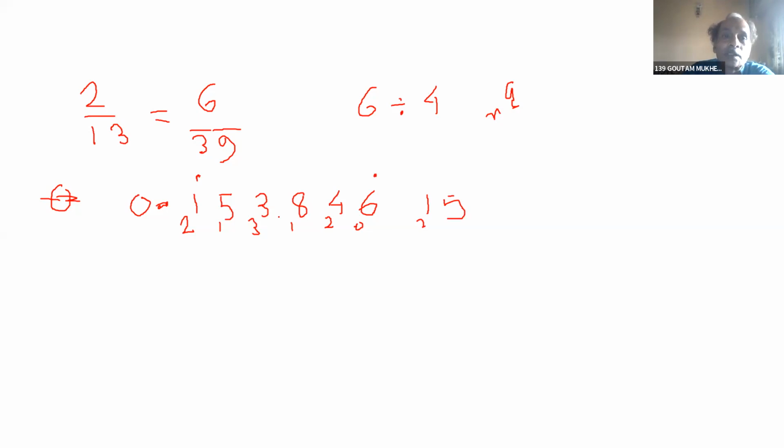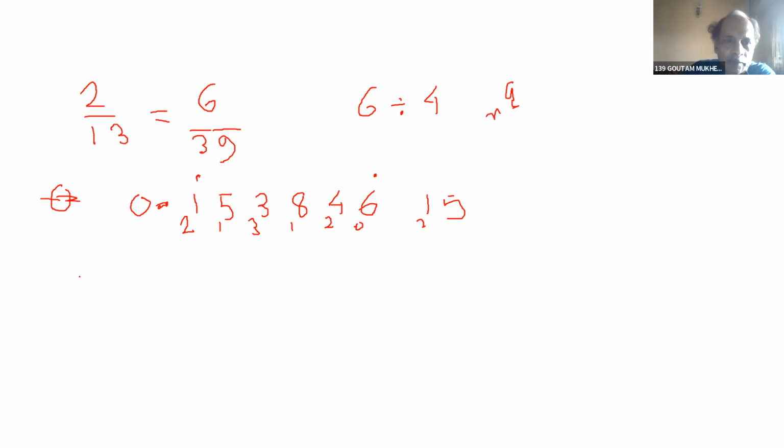4, 1. So you see, in case of 1 by 13, we got it different, no? So these are two cycles. From here, actually, what are the things that will come from here?